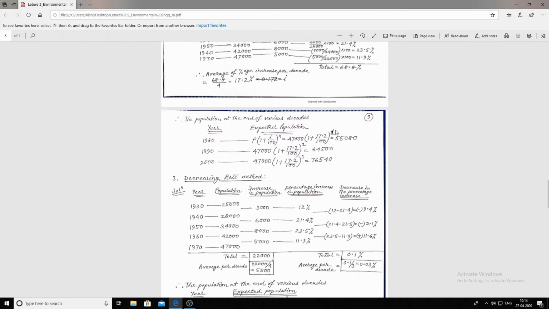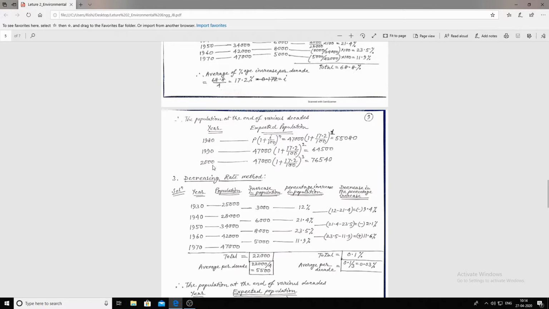This n value is 1 because it is 1 decade with respect to 1970. If you consider 1990 with respect to 1970, the gap is 20 years, that is 2 decades, so the n value will be 2. In this way we can calculate the expected population.